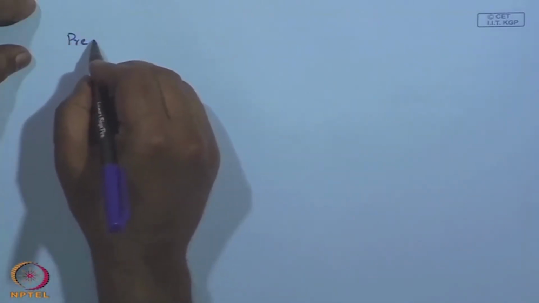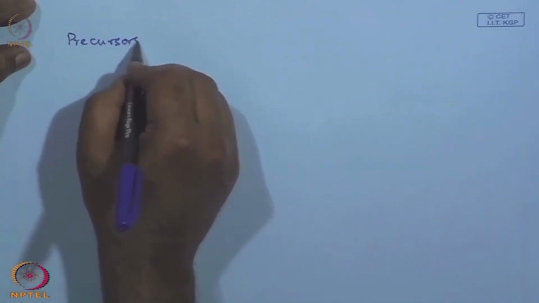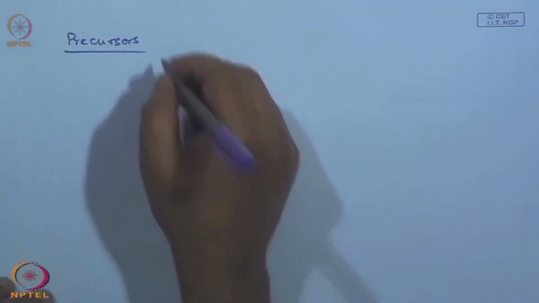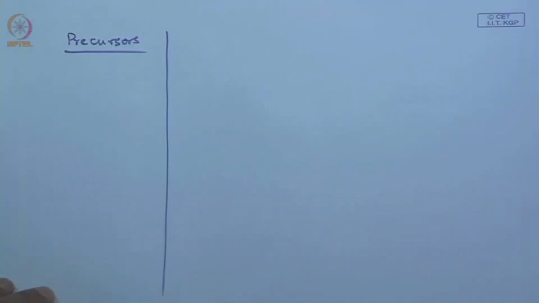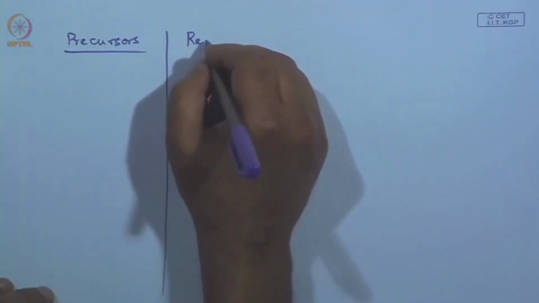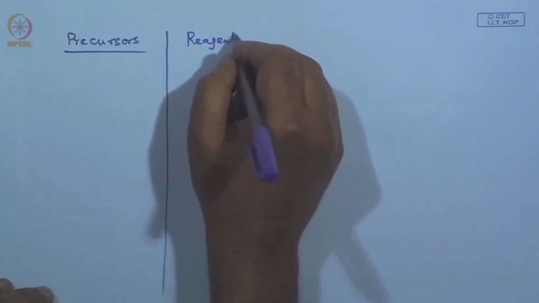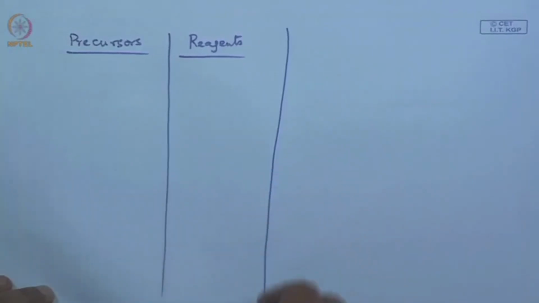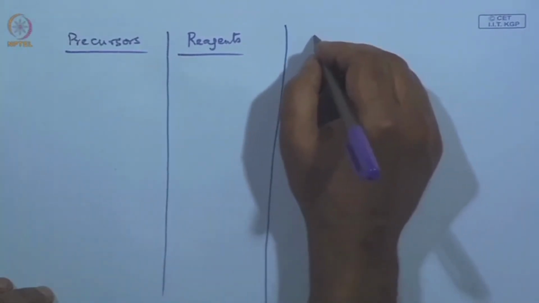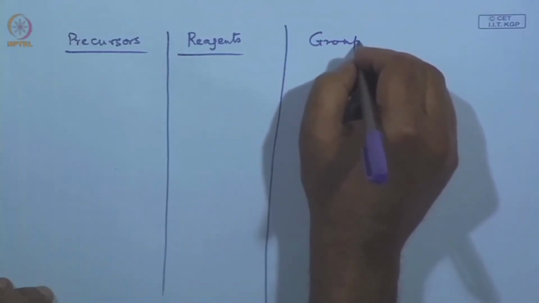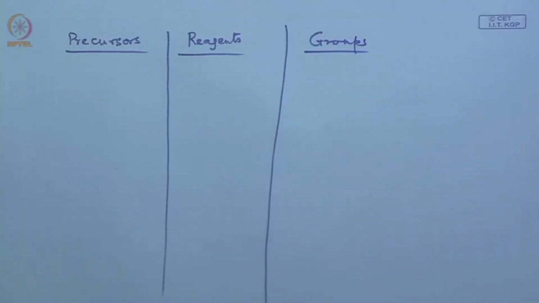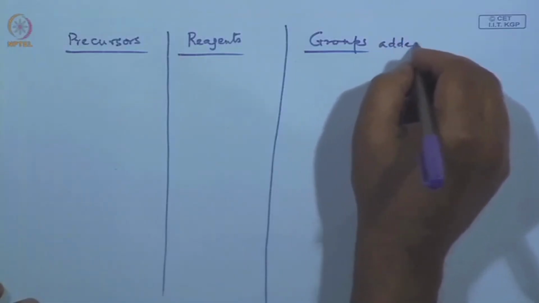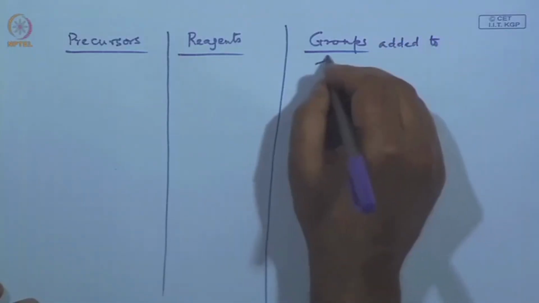Let us say, which are the precursors that are often used in radical chemistry. Then I will write some of the reagent sets. We have already said some, and then we will have the groups that are added to the heterocycles.